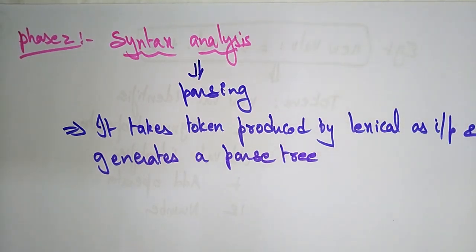That you call syntax analysis. So what exactly will the syntax analysis do? Whatever tokens are produced by the lexical analyzer, those tokens are represented in the form of a parse tree or syntax tree.